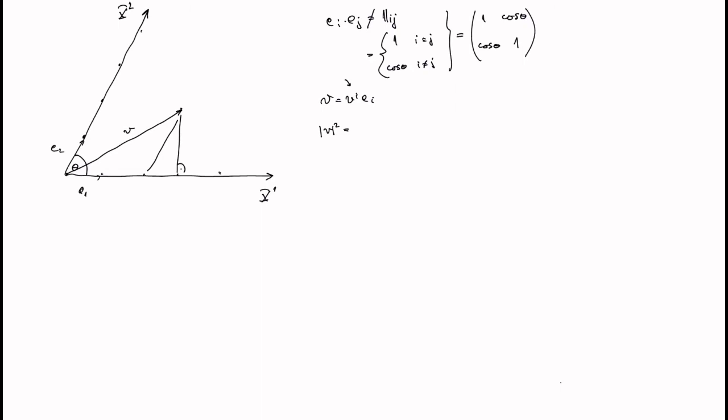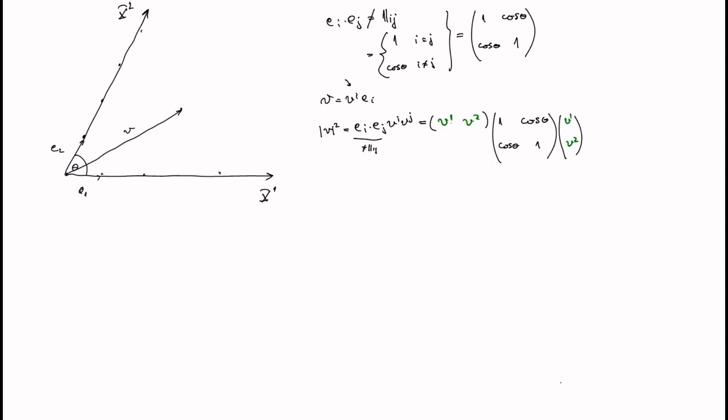Okay, have you thought about it? So let's try to use the best tool that we have, which is always something invariant. And I will expand this v^i v^j with this matrix here, which is not a unit matrix anymore. This will turn out to be simply (V1, V2) times the matrix (1, cosine theta; cosine theta, 1) times (V1, V2).